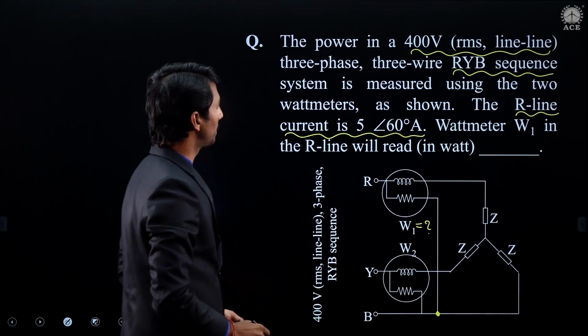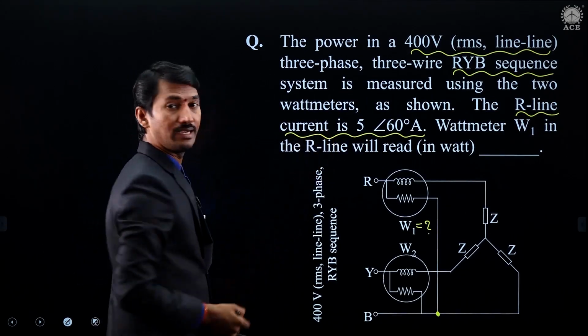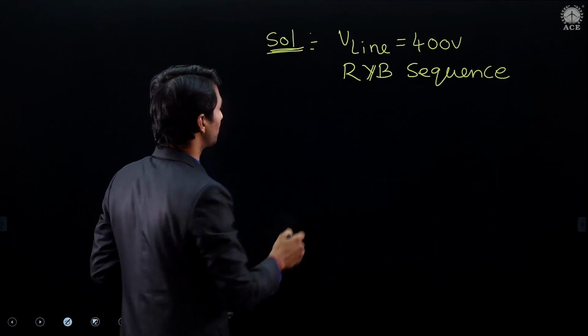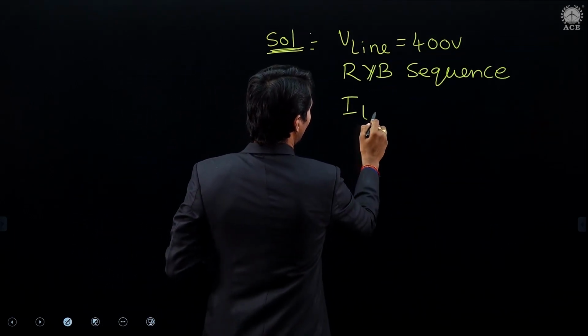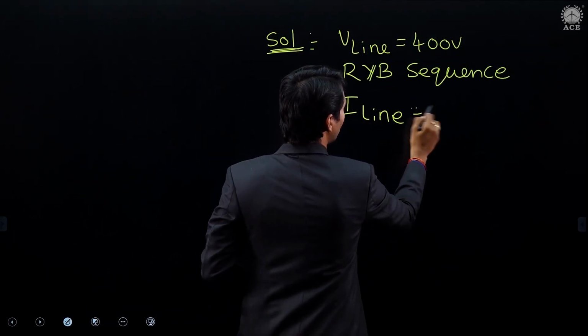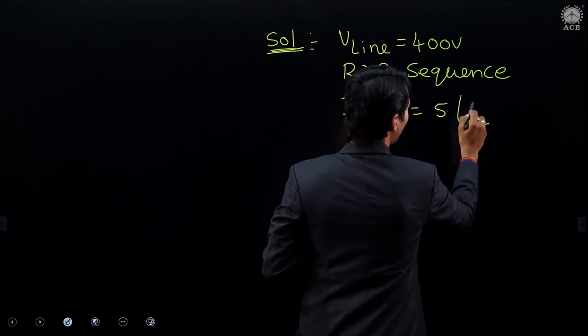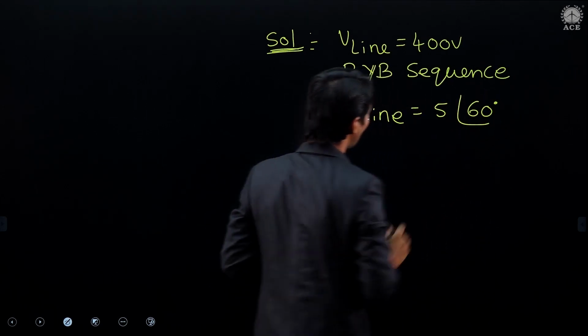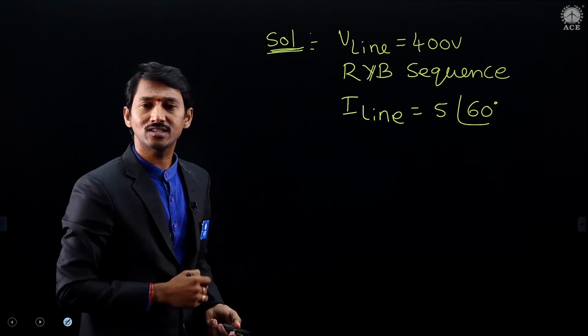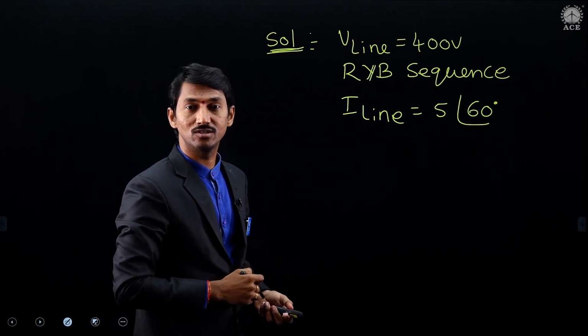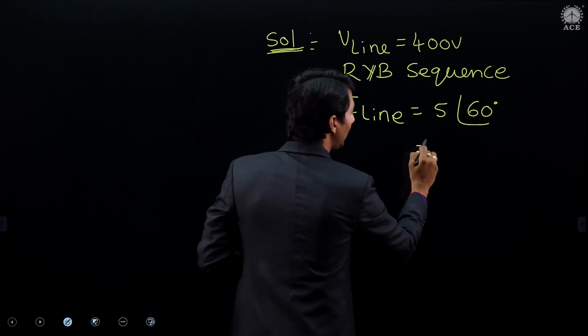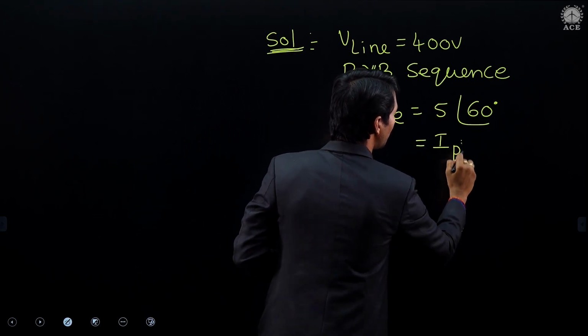Okay, next. Current value, line current is given 5 at an angle 60. I line is equal to 5 at an angle 60. But concentrate, sir, is it star connection or delta connection? It is star connection. So therefore, I line is equal to I phase.